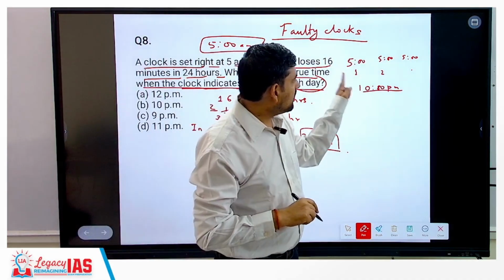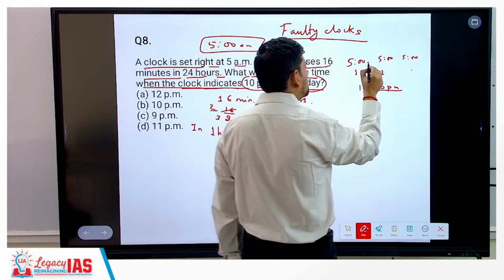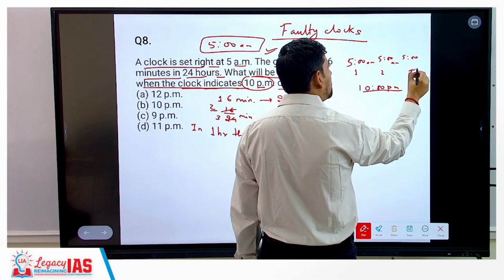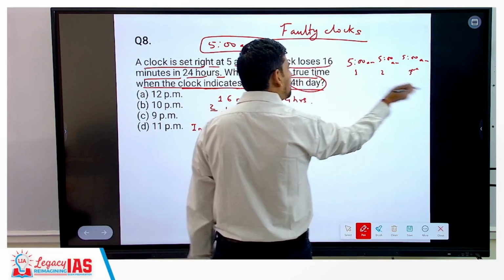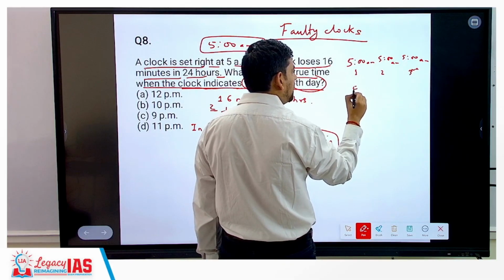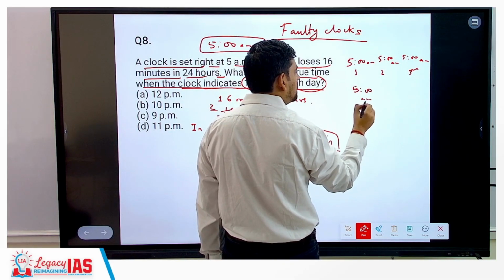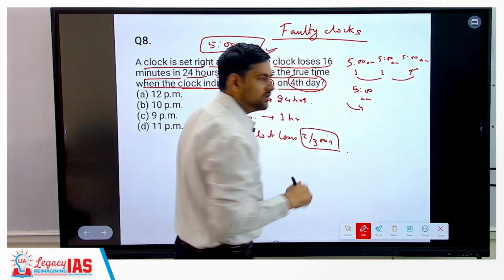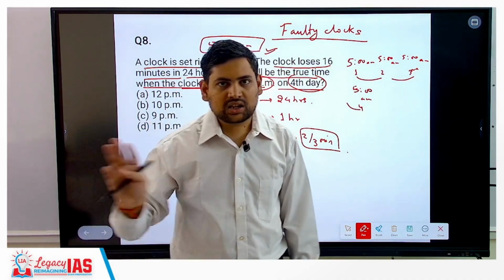So on the first day it is 5 am. On the second day again it will go till 5 am. On the third day also till 5 am. Even on the fourth day till 5 am it will go. So 1, 2, 3, that means 3 times 24 hours are completed.